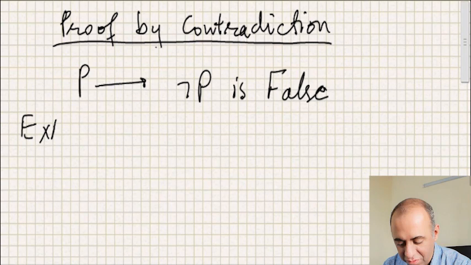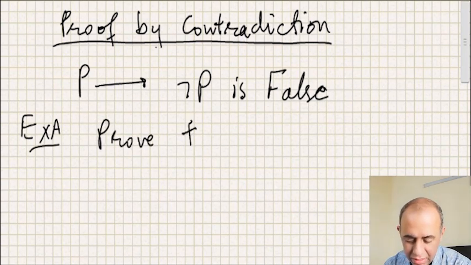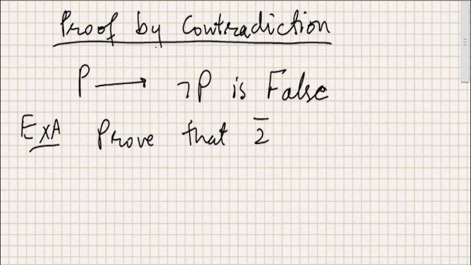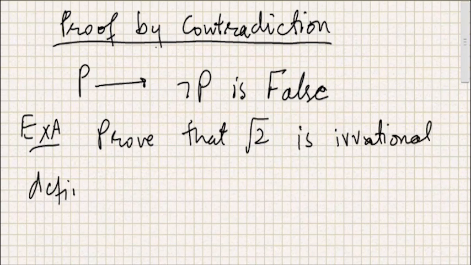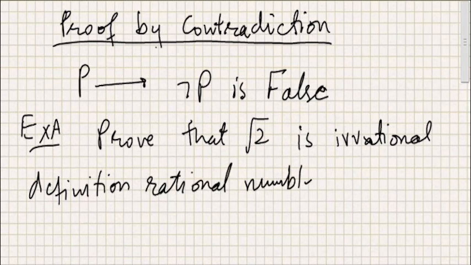The example would be, for example, you are asked to prove that square root 2 is irrational. The definition of a rational number is that we can express it as the fraction of two integers a and b, where a and b both are integers.